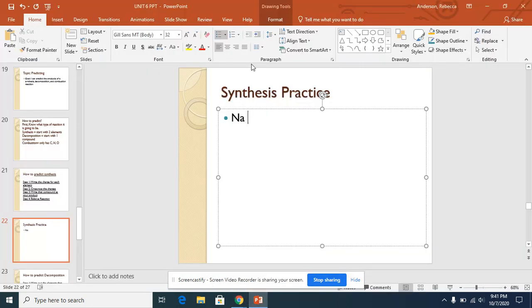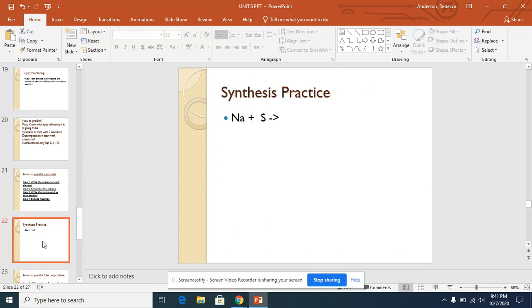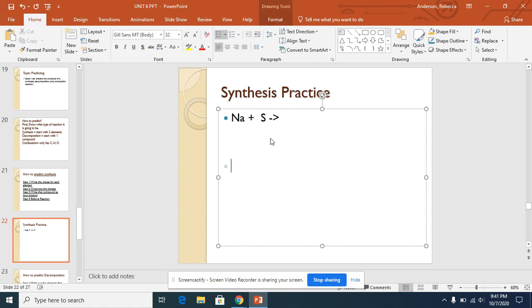Let's do Na plus S. What's our arrow? So step 1, write the charge for each element. I'm just going to do this underneath it on your piece of paper or scratch paper, whatever you're working out the problems on. I would just do it on it.